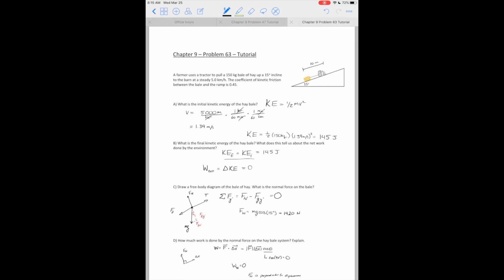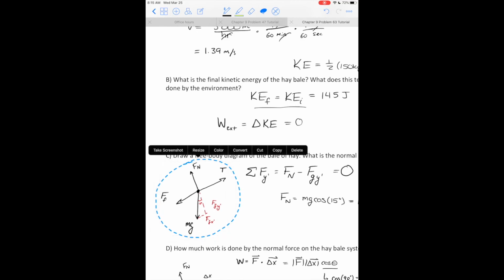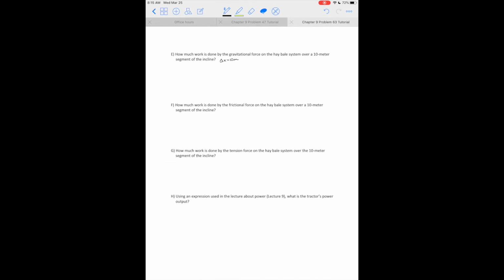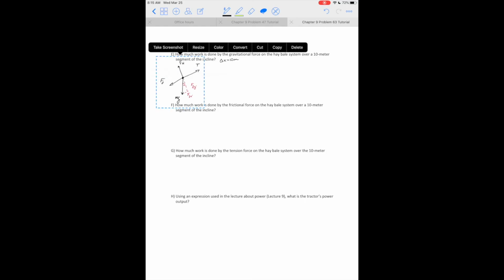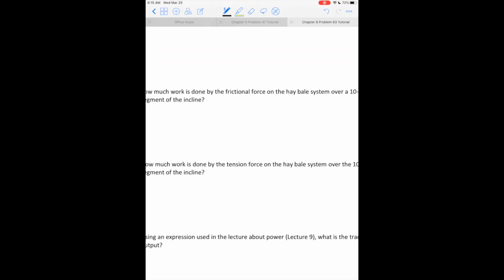I want to copy this free body diagram that we drew, because I think it's an important reminder of what's all going on here. And let's shrink it just a little bit, give ourselves more real estate.